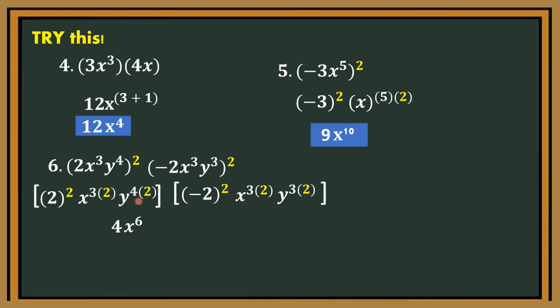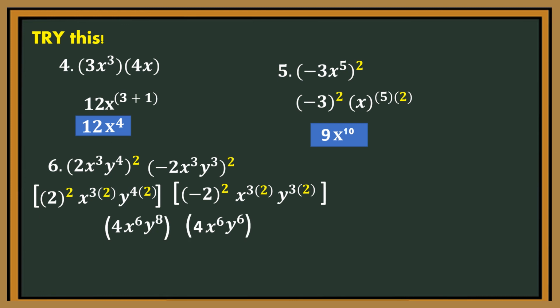Y, multiply the exponents, that is y raised to the 8th power. That is the first. Let's go to the second. Negative 2 squared, that is positive 4. X, multiply their exponent, that is x raised to the 6th power. Then y, multiply the exponents, that is y raised to the 6th power.